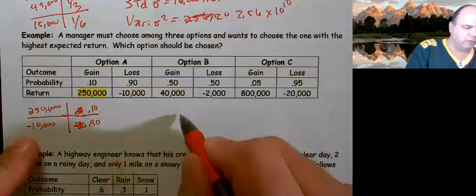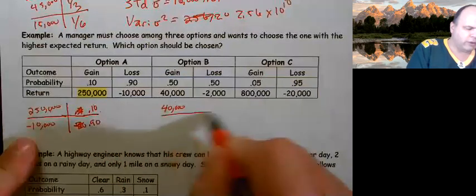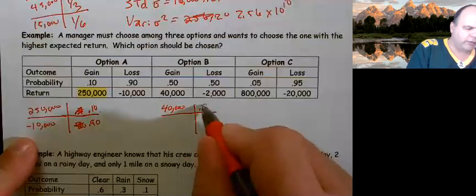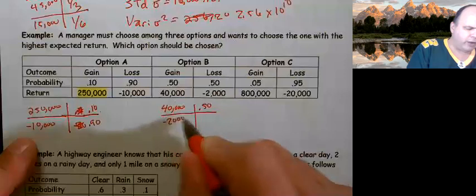For B, we can get 40,000. The chance of that happening is 50%. And we have a 50% chance of losing.